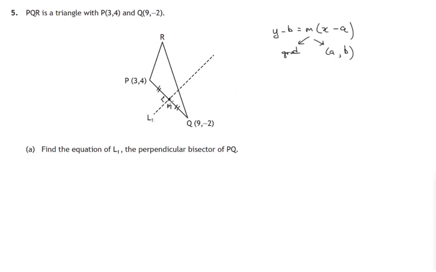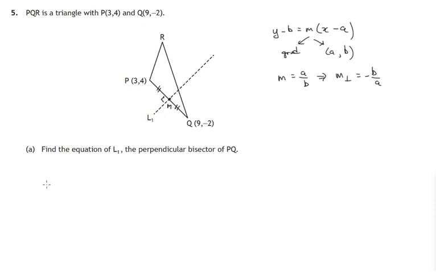Well, no we don't, but we know it's perpendicular to PQ, and there is a result that says if we know a gradient is b over a, for instance, then a gradient of a line perpendicular to that line would be a over b with the sign change. So we invert the fraction and change the sign. So that's something we could do.